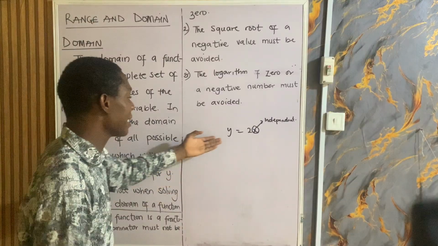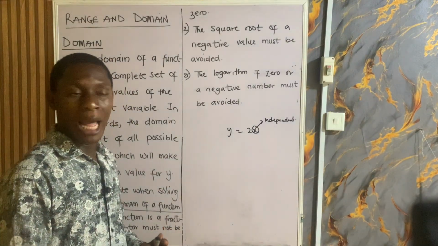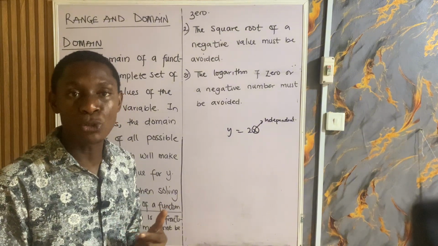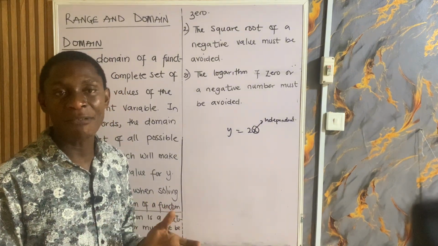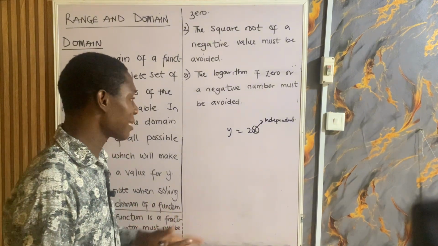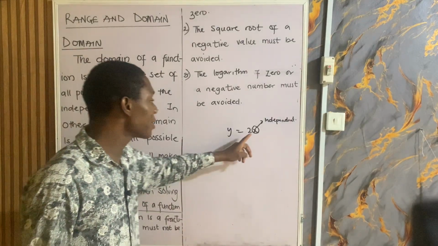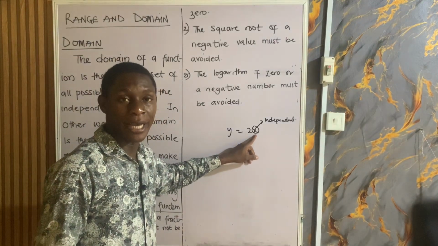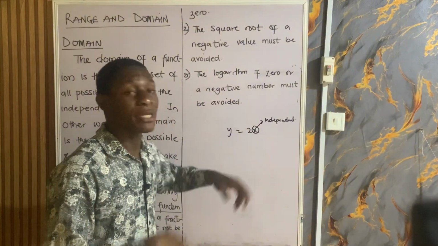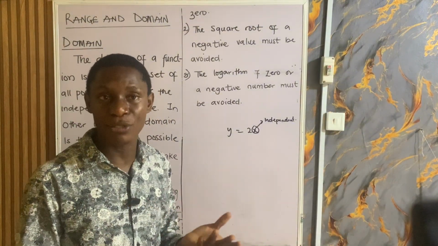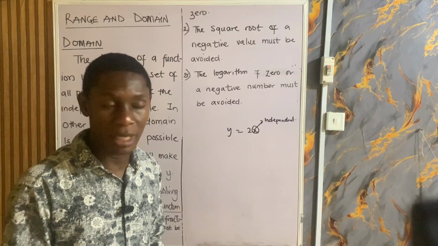Now, if you look at this, this is just one type of function. And if you look at this function, I'm going to ask myself, are there values of x I would use that wouldn't make me have a real answer for y? And the answer is no. Even if you use 0 here for x, 2 times 0 will give you 0. 0 is actually an answer. 0 is a number, a defined number, a number we work with.